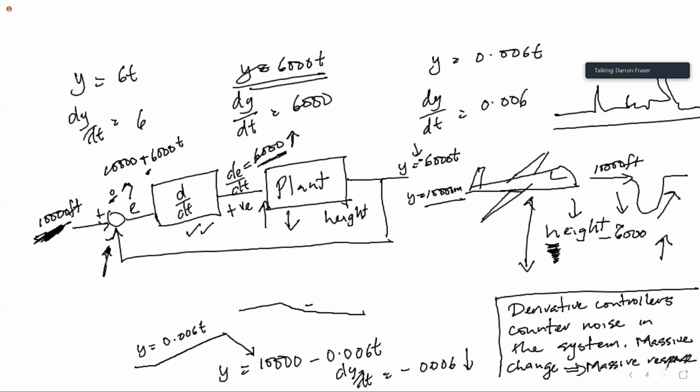When the plane was descending, the error signal was saying the plane is descending above a certain rate, and the controller was supposed to pick up and cut down on this.